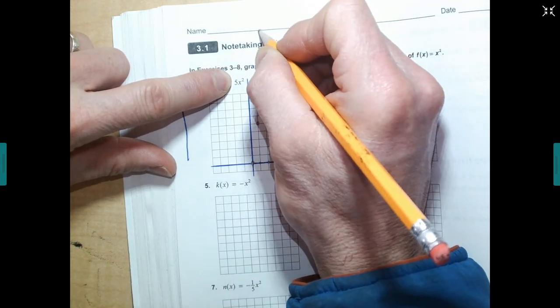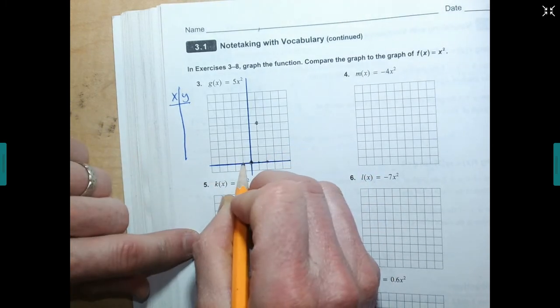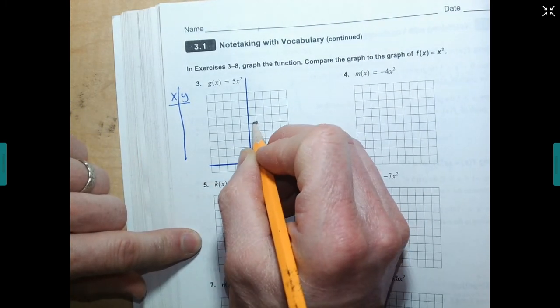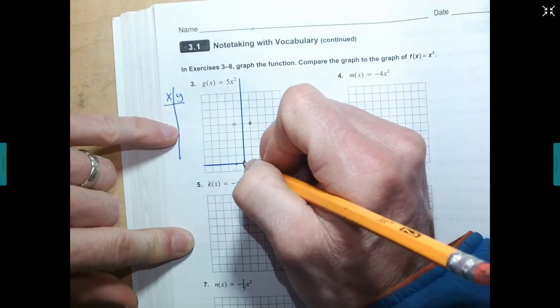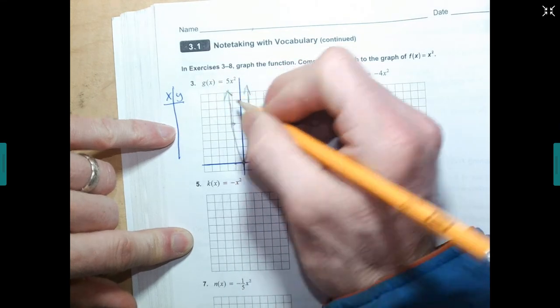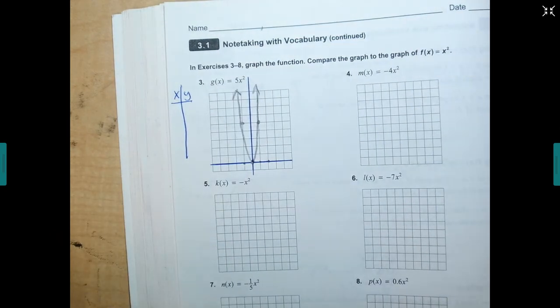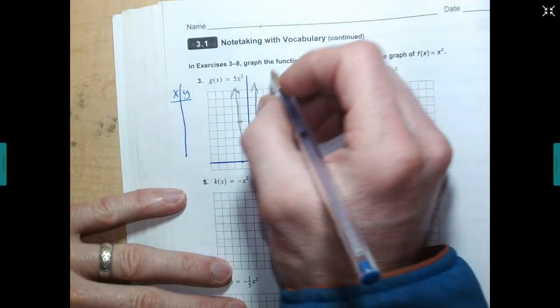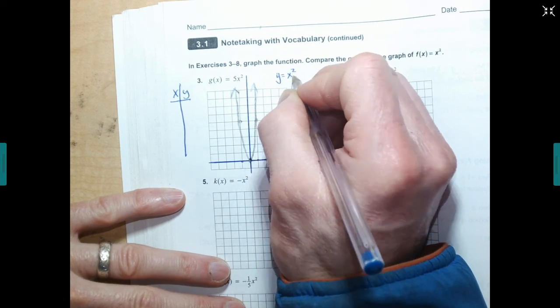Oh, so it's way up here. Now it's symmetrical, right? So I'm going to go -1. Since it's symmetrical, and this is my axis of symmetry, I can just count over 1. So that is y equals 5x squared.